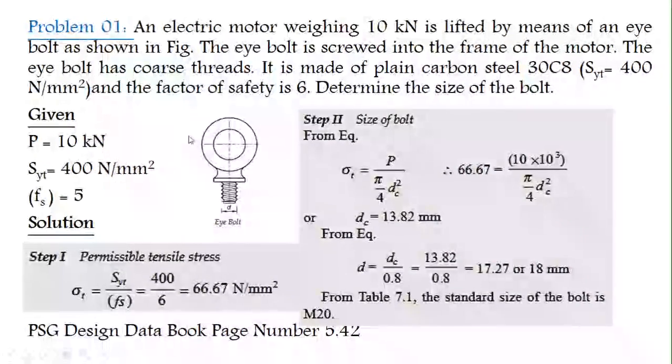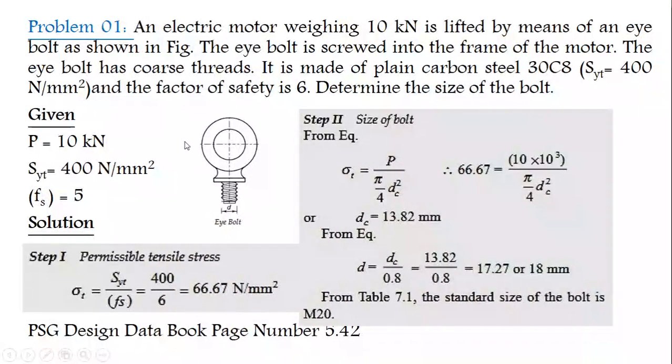The material of the eye bolt is plain carbon steel. The yield strength of the material is 400 Newton per millimeter square and the factor of safety is 6. Determine the size of the bolt, that means the nominal diameter or outer diameter of the bolt.